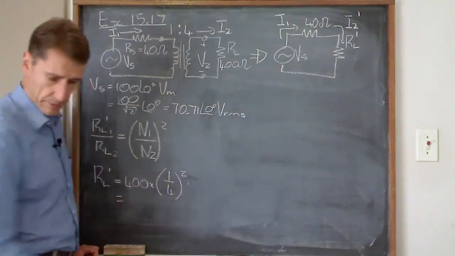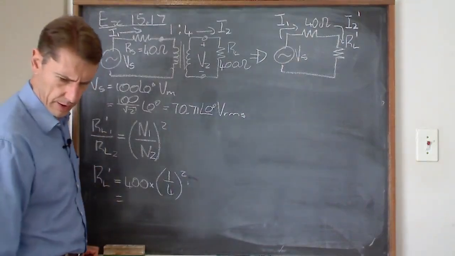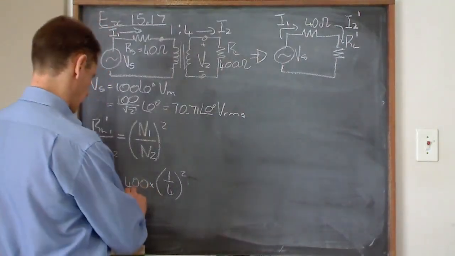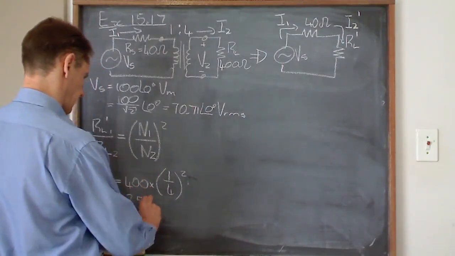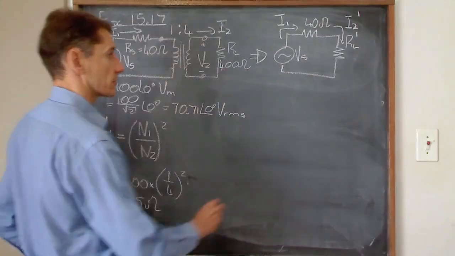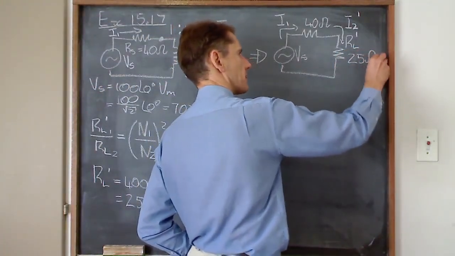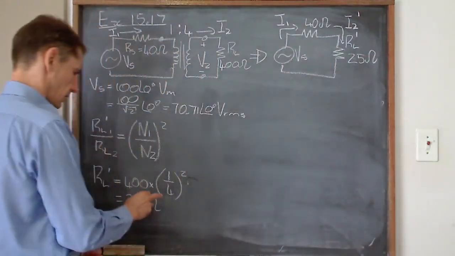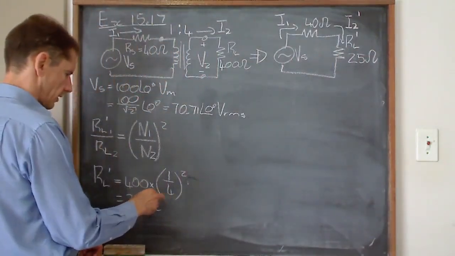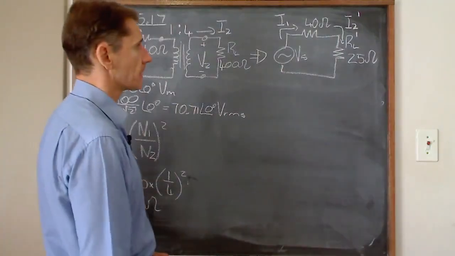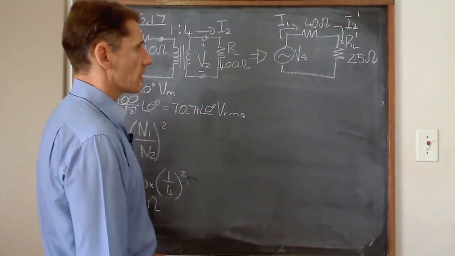We need to divide that by 16, and RL prime becomes 25 ohms. So here we've got 25 ohms in my circuit. That gives me RL prime.